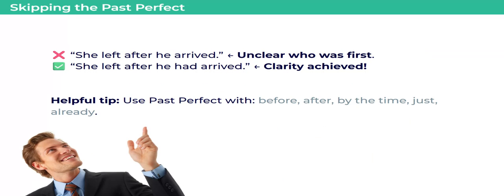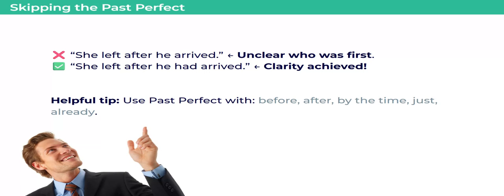Okay, well, in this sentence, it is unclear who was first. Now, we can create that using the past perfect. She left after he had arrived. Clarity achieved. So a useful tip, use the past perfect with before, by the time, just, and already.